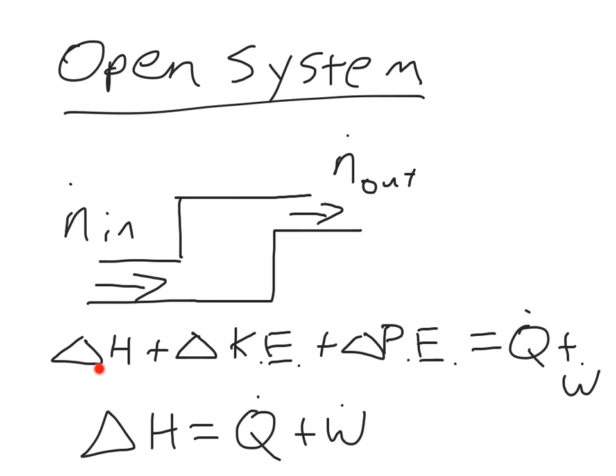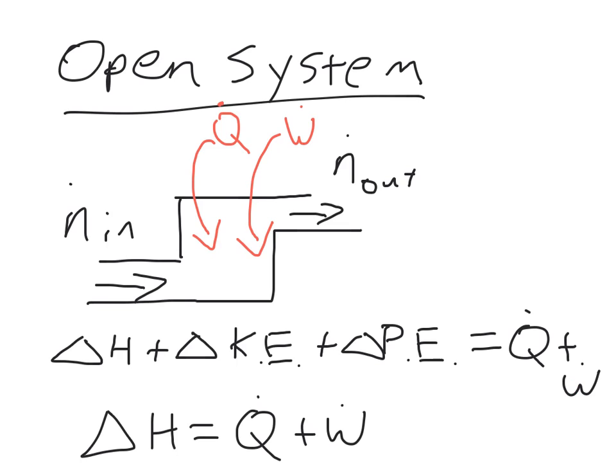So the change in enthalpy, which is the change in energy of the material as it's moving along, plus the change in kinetic energy. If this fluid changes its speed, then we'll have a change in kinetic energy, plus the change in potential energy. If this has a change in elevation, there's a change in potential energy, and that's equal to the amount of heat we put in plus the amount of work we put in.